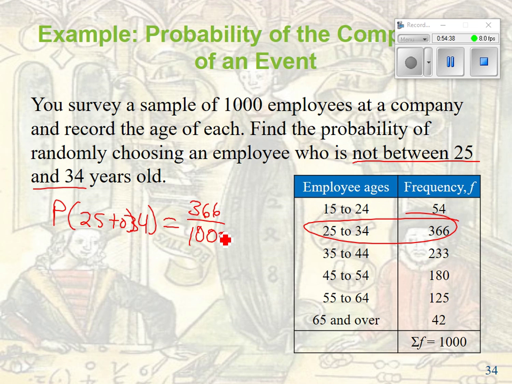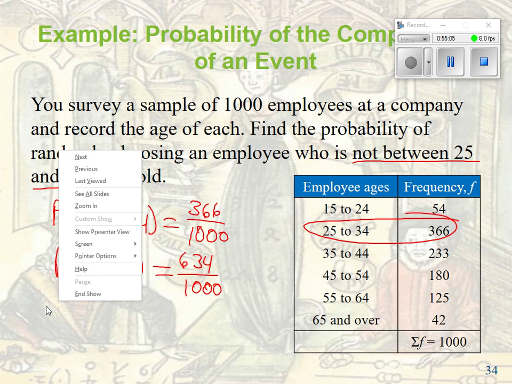No. What we can do is know that there's 1,000 total. So to find the complement of that event, we just take 1,000 minus that, which is 634 out of 1,000. We just took the number that we didn't want, because we said not between that. That's the complement.